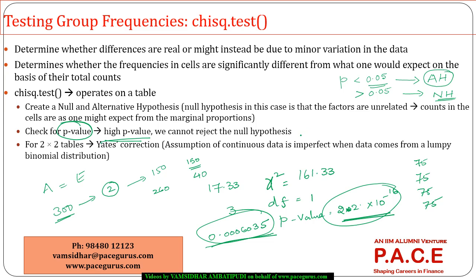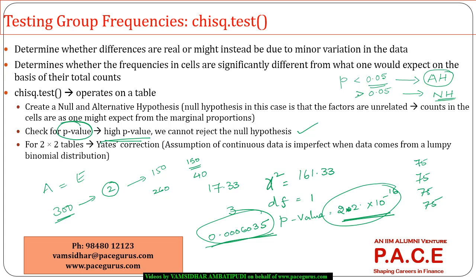But if the p-value is much lower, I can reject my null hypothesis and take my decision in favor of the alternate hypothesis, saying the observations are not uniformly distributed across the subscriptions. They are not uniformly distributed across the different segments either.